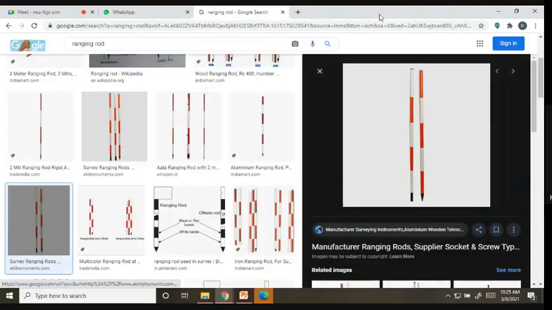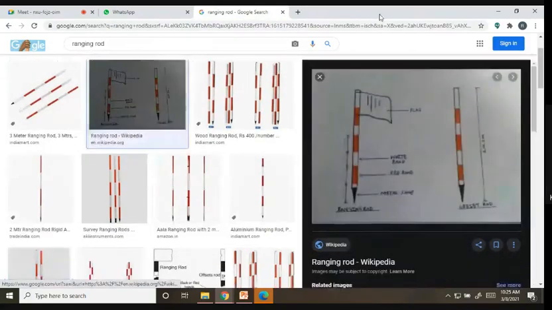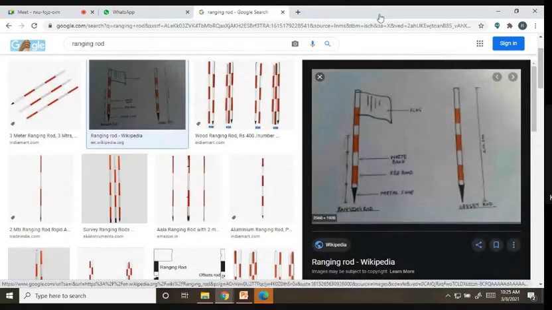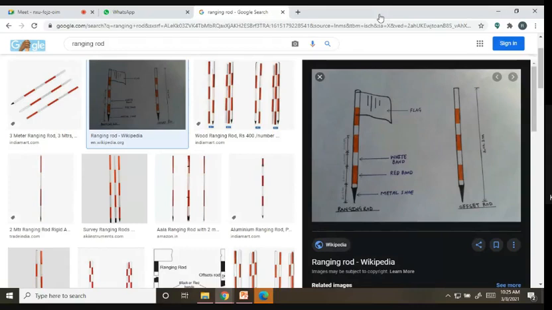Here you can see this is nothing but the ranging rod. You can see the spike at the bottom and the rod at this end. This one is called the ranging rod. These are the ranging rods. If you Google it, you can see them.